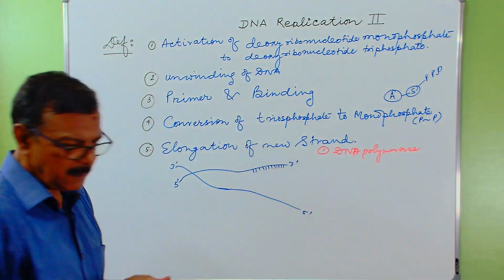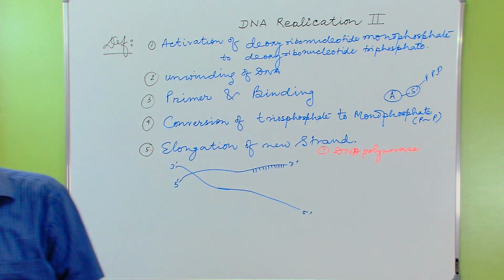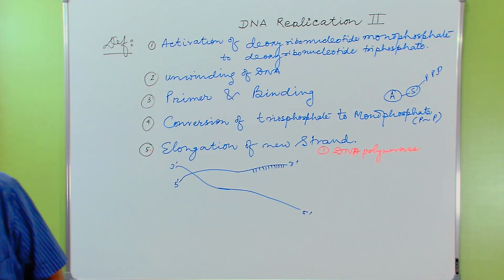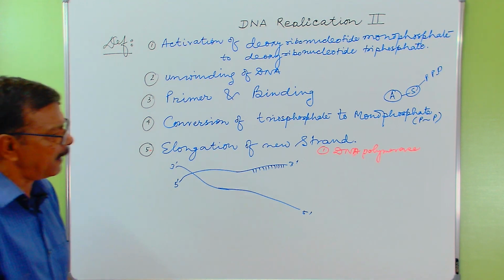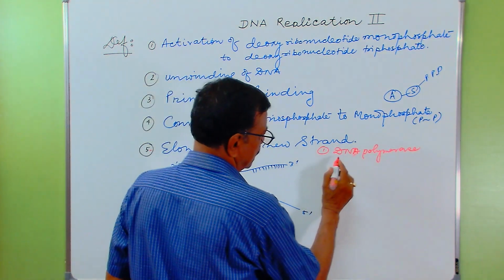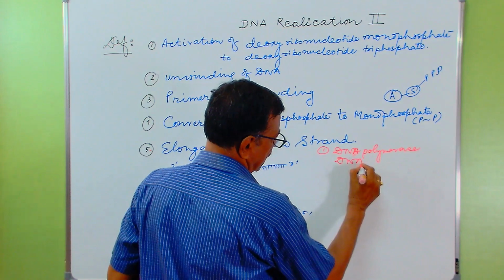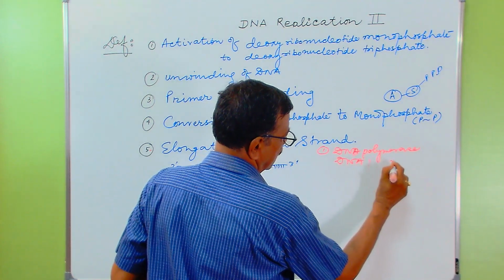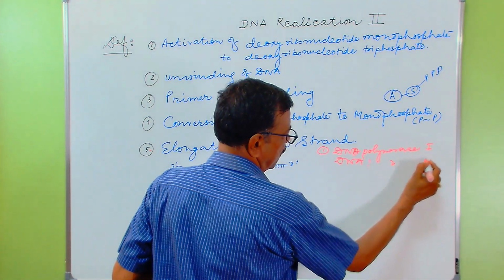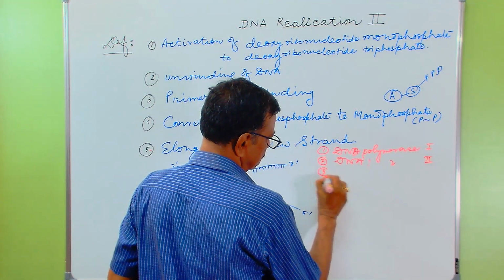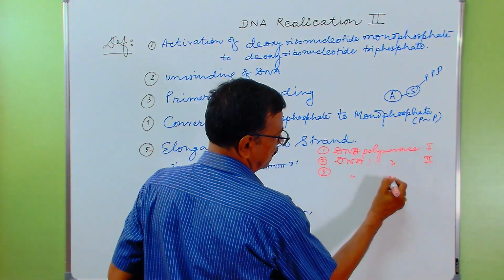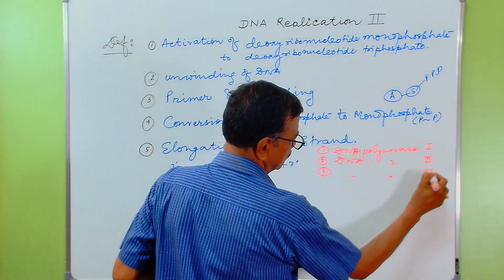There are 5 types of DNA polymerase: polymerase 1, 2, 3, 4, 5.